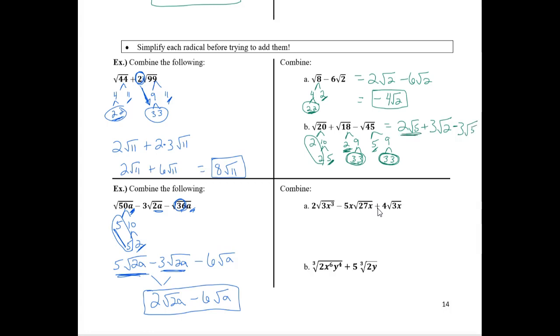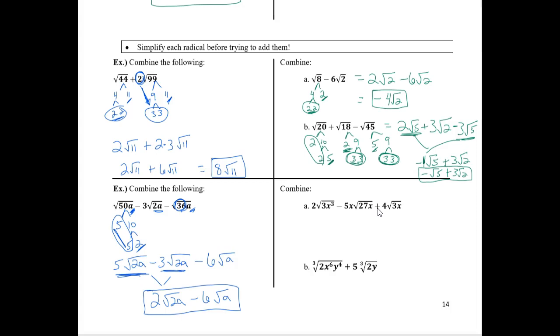I see 2 square root of 5 minus 3 square root of 5. Those are like. 2 minus 3 is a negative 1 square root of 5. And then plus 3 square root of 2. Nothing I can do with that. And you could choose to write this 1 here, or just write it as a negative square root of 5 plus 3 square root of 2. Either way would be fine for me.